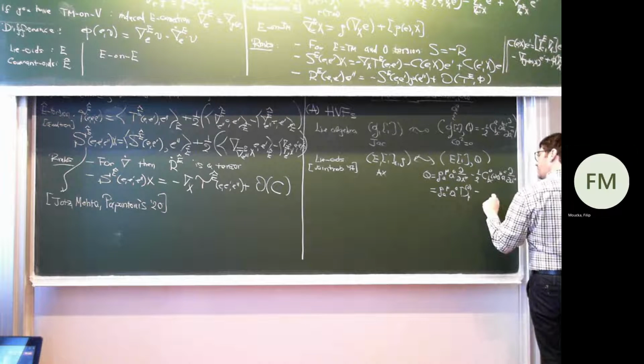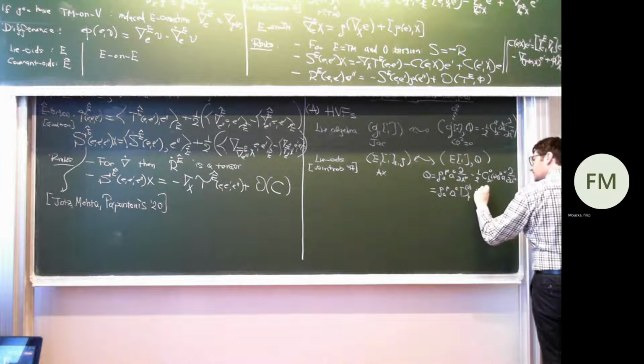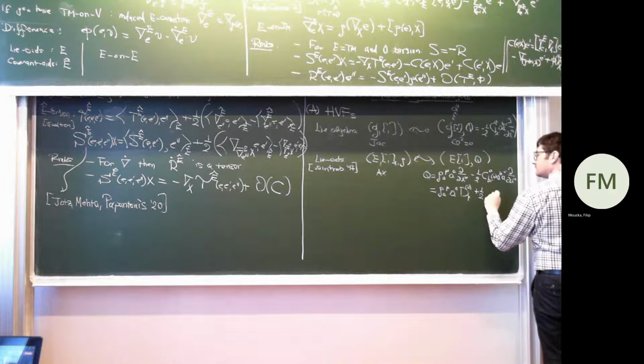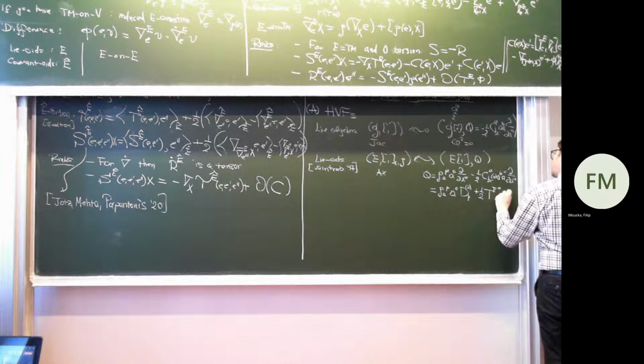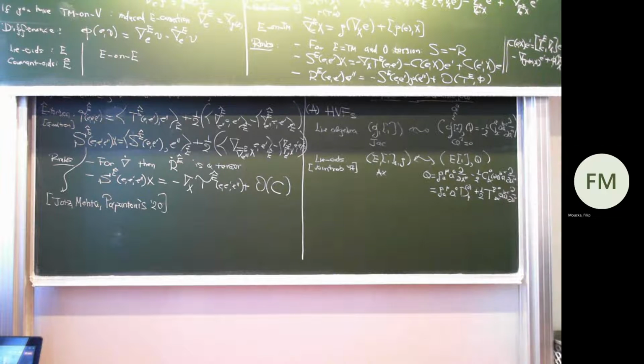And then this will be minus, no, it's plus, for some reason, the torsion term. So this is how to present a homological vector field in terms of the torsion.